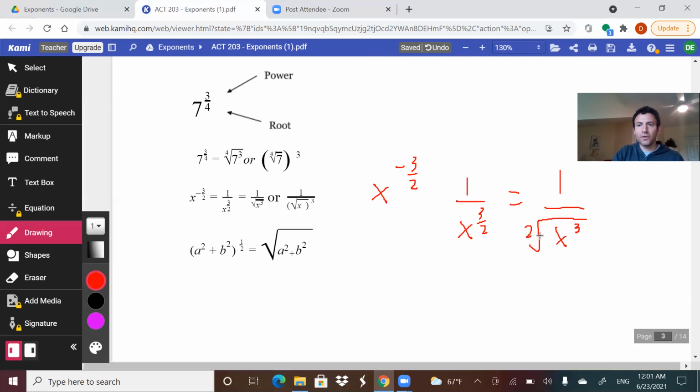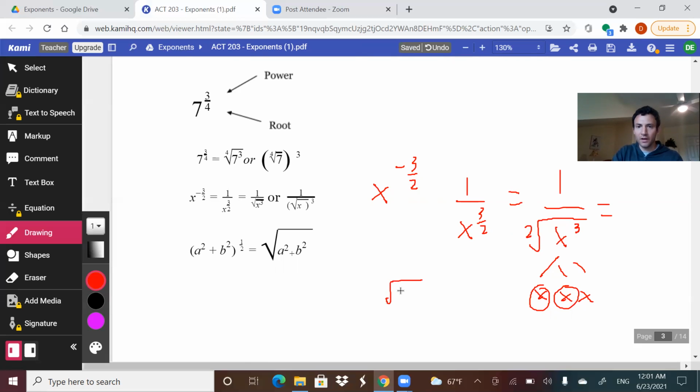Interestingly enough, though, even that's not actually completely simplified, because if you have 3 x's in here, whenever your numerator is greater than your denominator, you're not completely simplified if you try to put it in root form. And the reason why is if you think about it, we just need 2 x's, right? And then we satisfy the squared requirement.